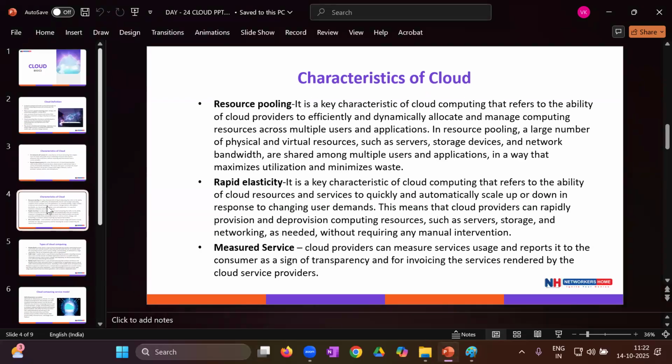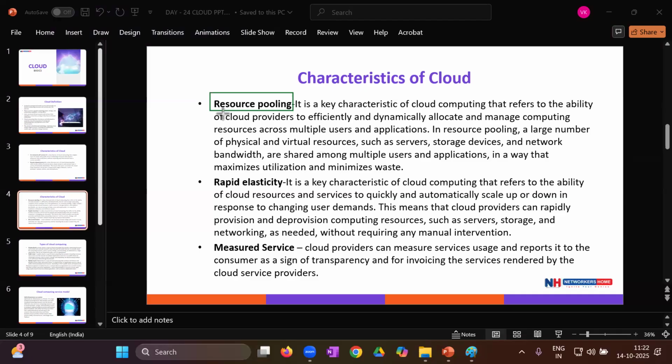Then it says resource pooling. Resource pooling means what? If a particular physical server belongs to one organization, then that single organization will be responsible for managing all the things, and all of it will belong to the same single organization. But in the case of cloud computing, a single server is distributed among other users.